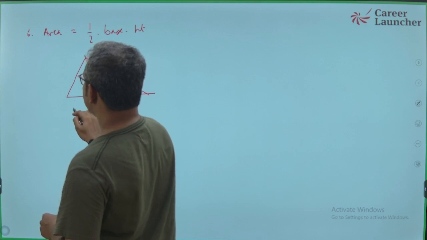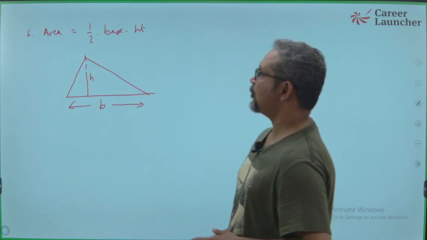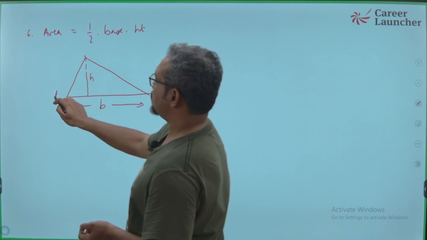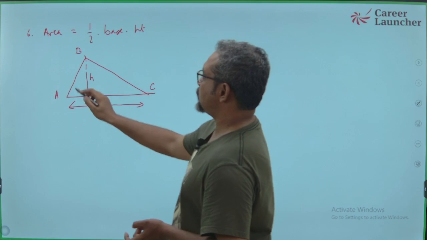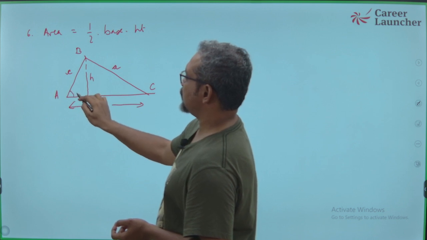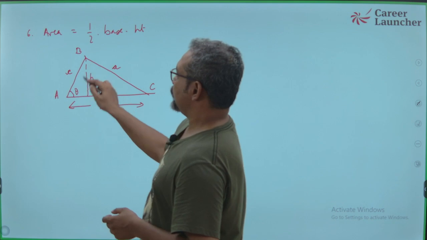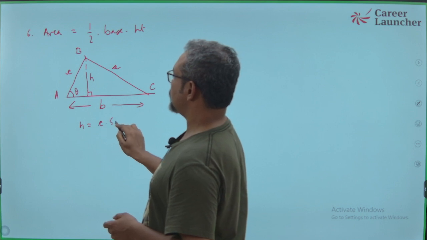This is height and this is base. So the area is half base times height. A different way of looking at this is triangle ABC. This is small c, this is small a. Now if this angle is theta, in trigonometry again, H is basically C times sine of theta.